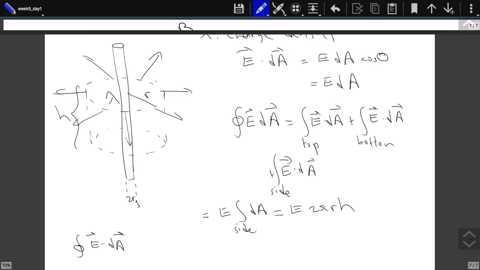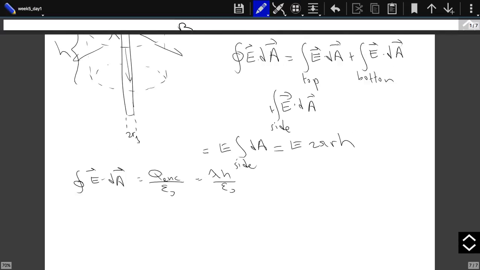Well, this cylinder has lambda charge per unit length. A length of h is inside my cylinder, so the total charge inside, Q enclosed over epsilon 0, is lambda h over epsilon 0. This is Gauss law, this line.